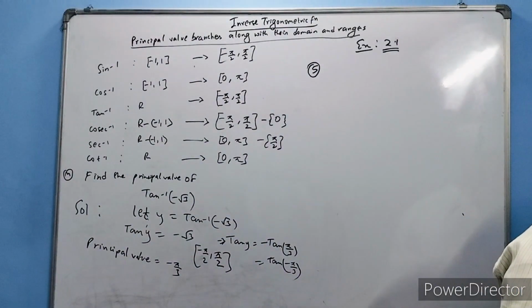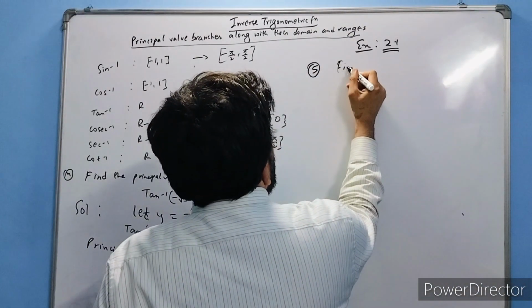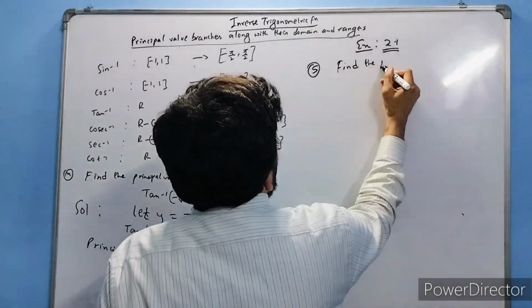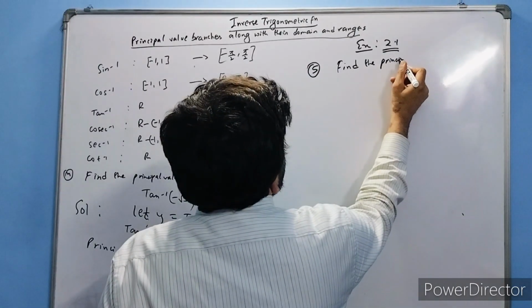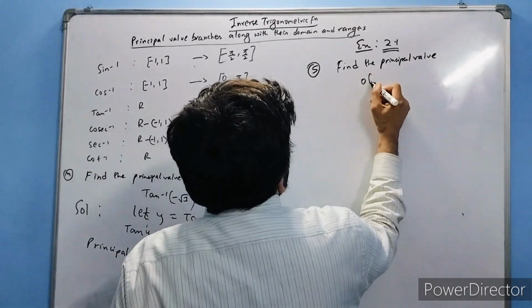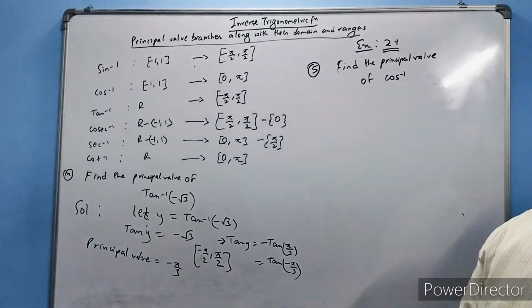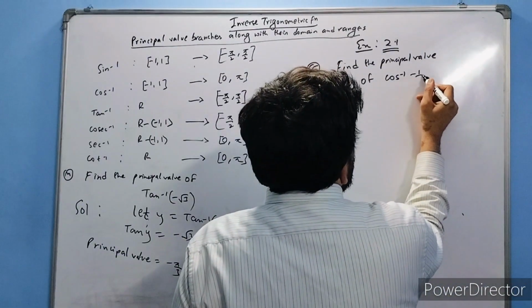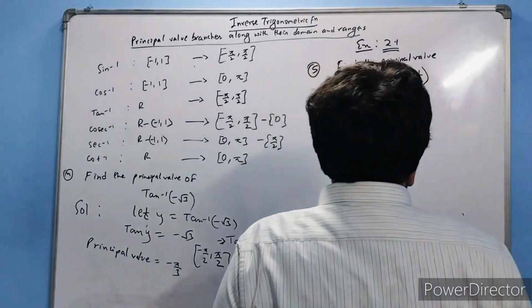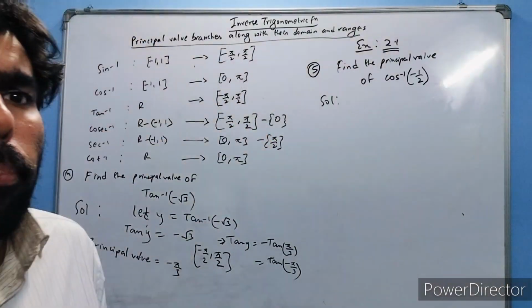Now the fifth question is, find the principal value of cos inverse minus half. So how can we find it in a very simple way?